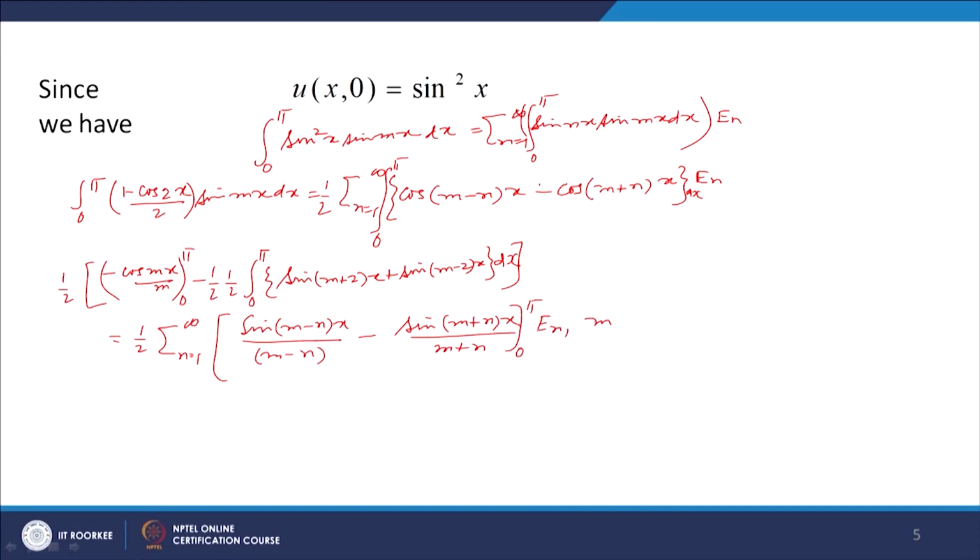So, here we are taking n not equal to m, so that the division by m minus n is defined, right.